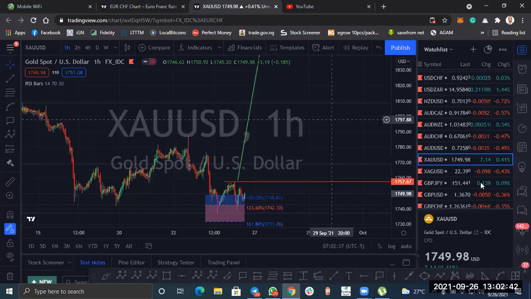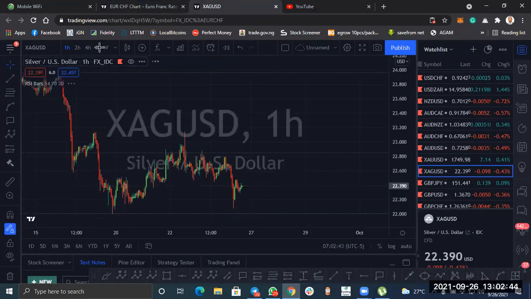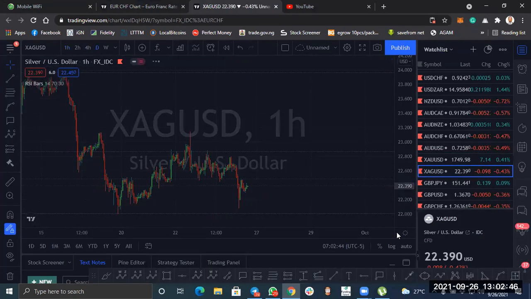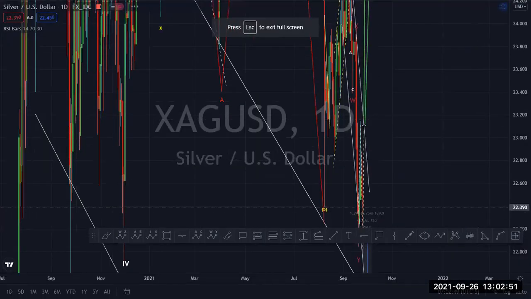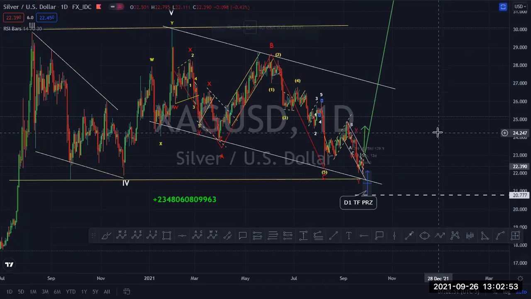Let's see silver. Silver is also at an important zone. So let's see 4 hours.